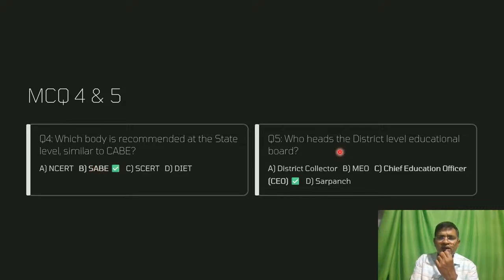Who heads the district level education board? Is it the district collector, MEO, chief educational officer, or sarpanch? It is not DEO, not MEO, not sarpanch. As per 1992, it is the chief educational officer, CEO. Option C is the right answer.